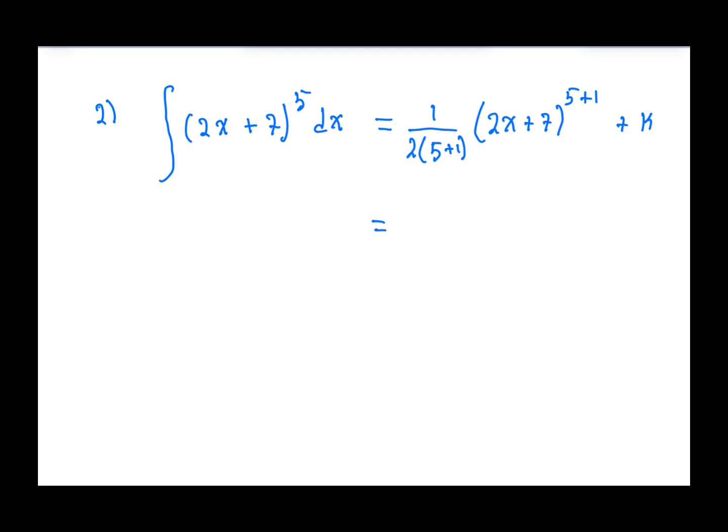So this should give us 1 over 2 times 6 all into 2x plus 7 all to the power of 6 plus the constant k. So the final answer is 1 over 12 all into 2x plus 7 all to the power of 6 plus the constant k.